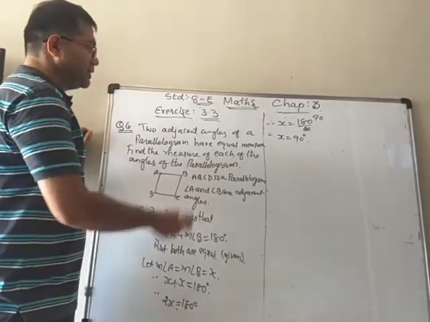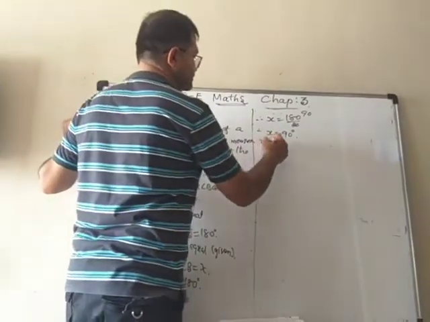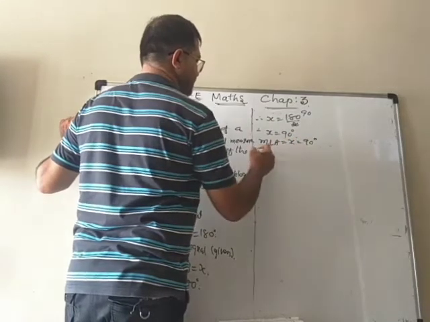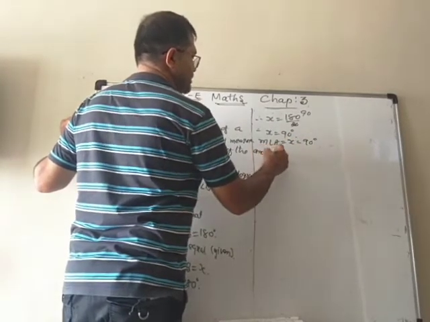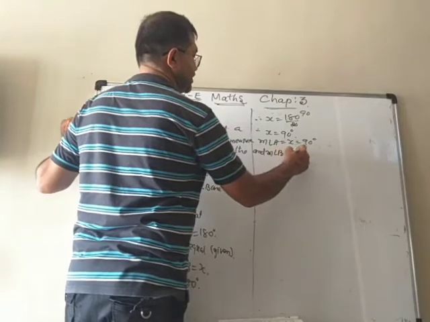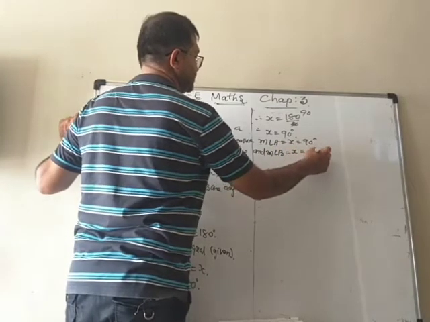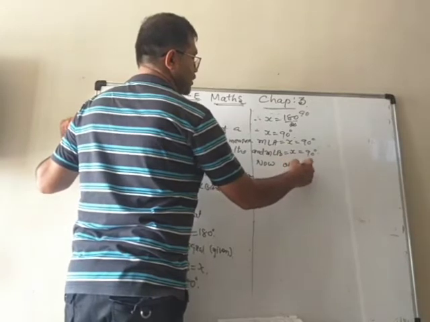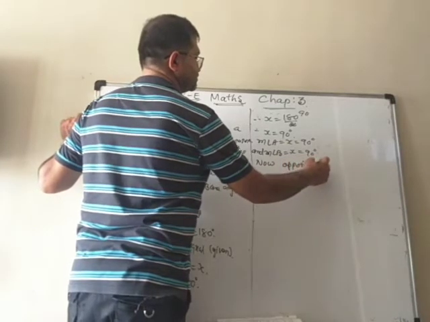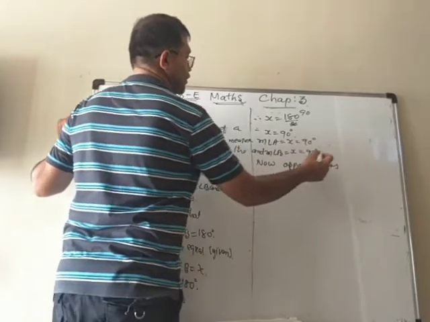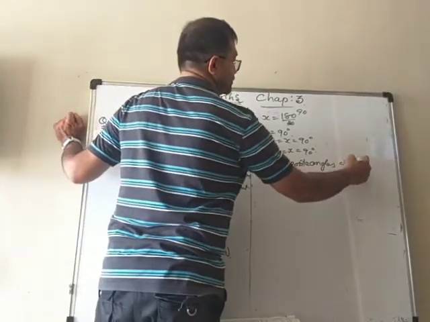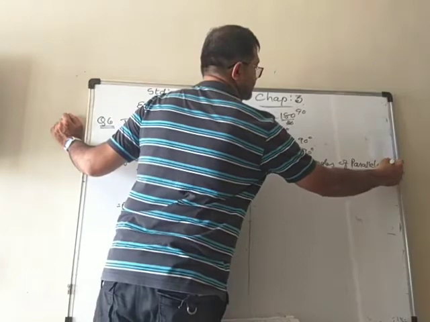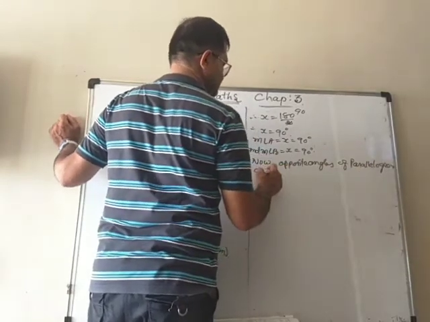It means that measure angle A is equal to x is equal to also 90 degree, and measure angle B is also x is equal to 90 degree. Now we know that opposite angles of parallelogram are equal.